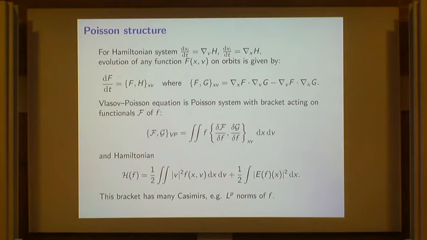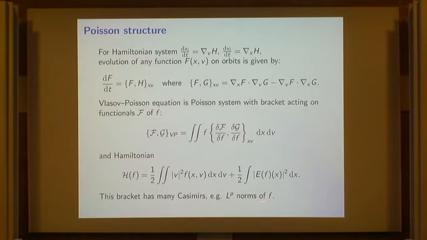And then the Poisson bracket is given by this, where inside you have the normal Poisson bracket that you have in classical mechanics. A consequence of this Poisson bracket is that there are many Casimirs, and these Casimirs are preserved by the exact flow.